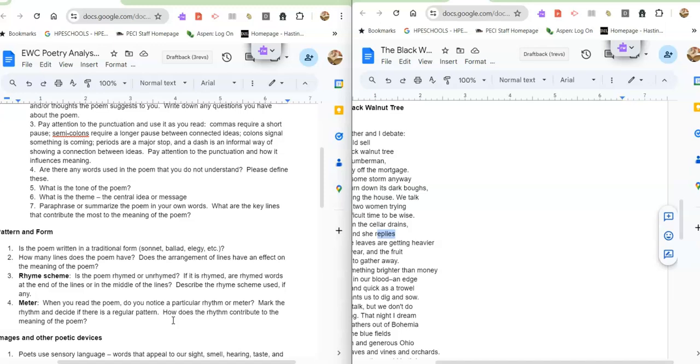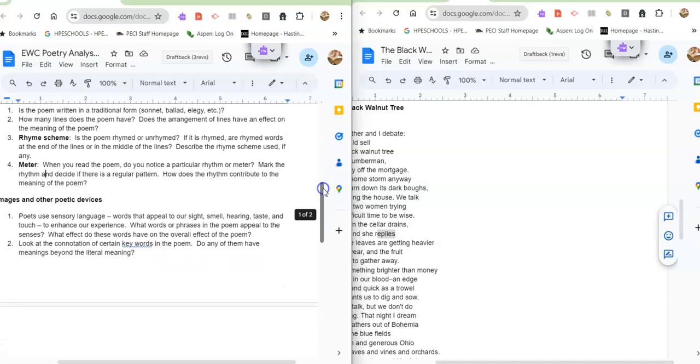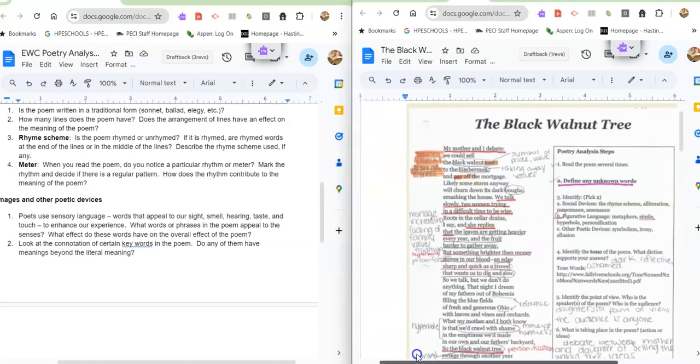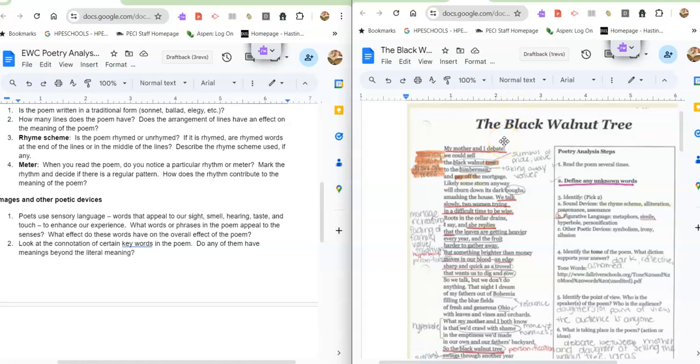And I would say yes, we're kind of reading in slow statements that is consistent throughout the poem. And then what we want to do is what this student did up here, which is going through and identifying, underlining, circling, highlighting any of the devices that we looked at.